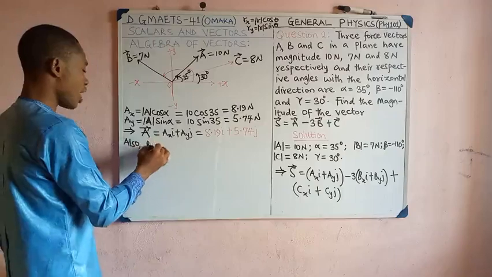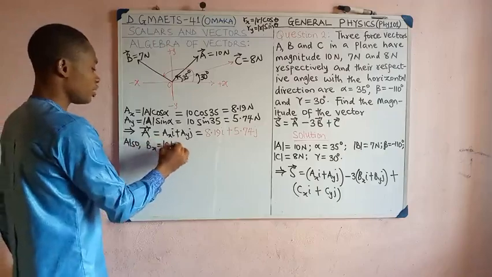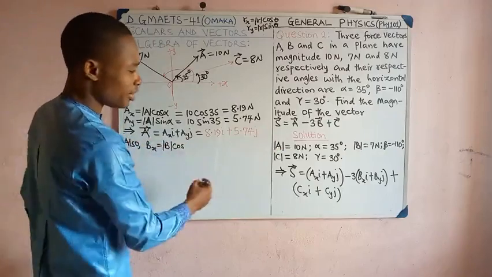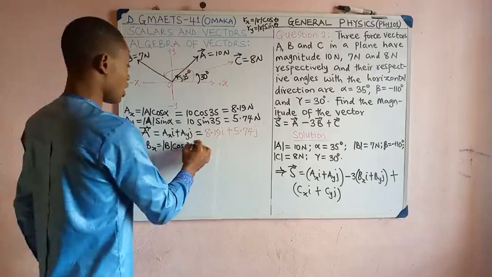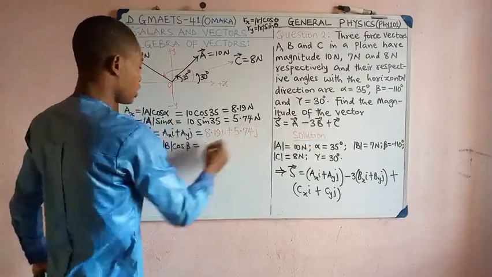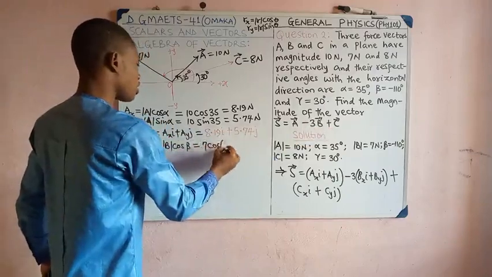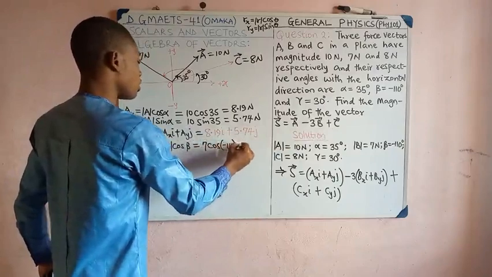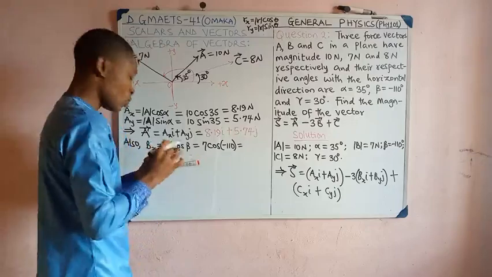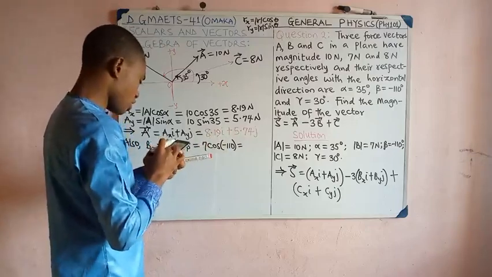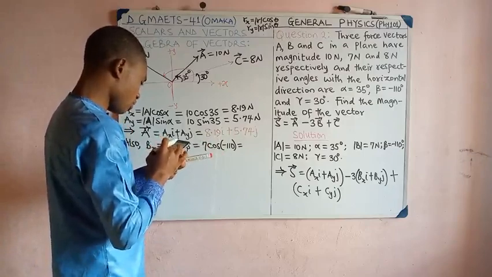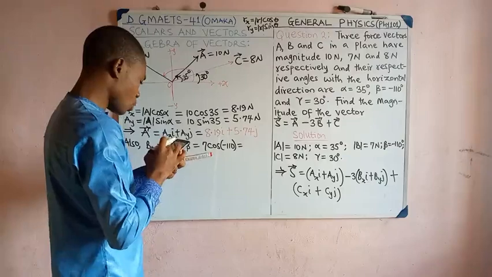So we're going to have Bx, which is magnitude of B, cos the angle that B made. And the angle that B made is beta. Is that okay? If you work that in, you're going to get magnitude of B from the question is 7 Newton, cos beta, that is cos minus 110 degrees. So let's see what we get from here. We are working on Bx. That is 7 cos, open bracket, minus 110.